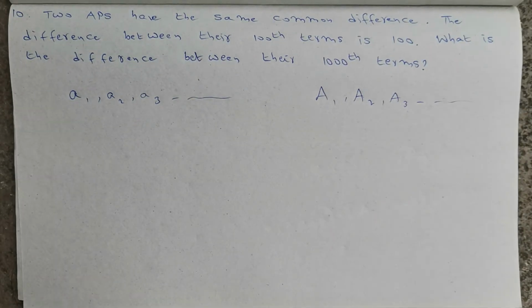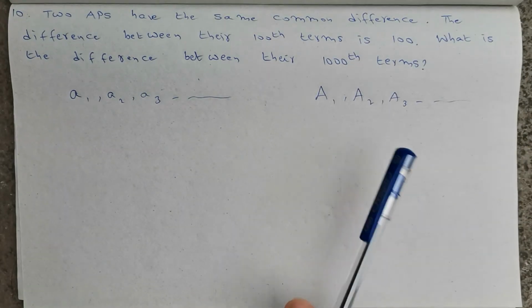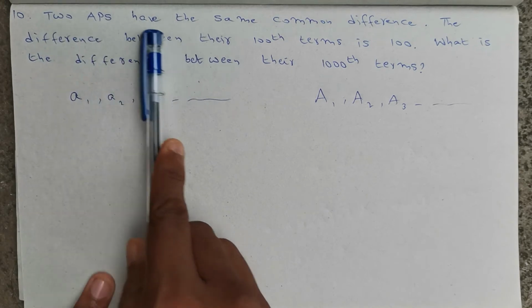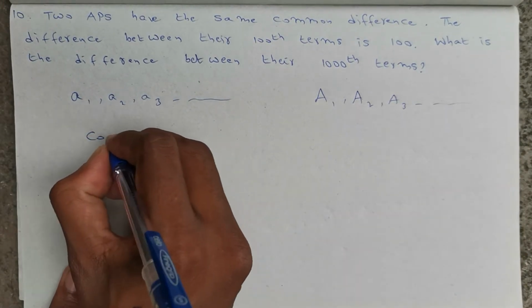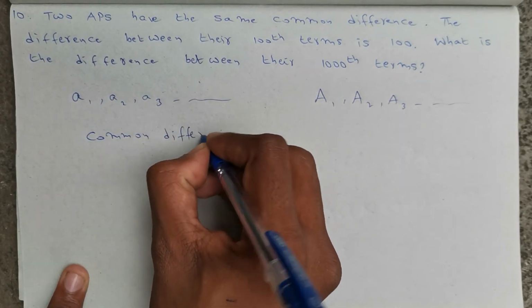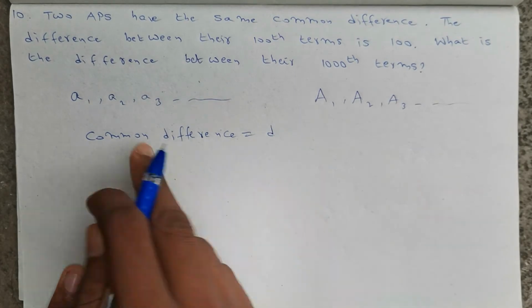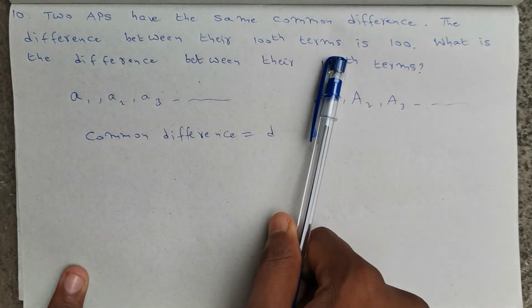Just to avoid the confusion, first AP I am taking with the small letters and second AP I am taking with the capital letters. Now, two APs have the same common difference. So, that common difference I am taking with small d, for both the APs.